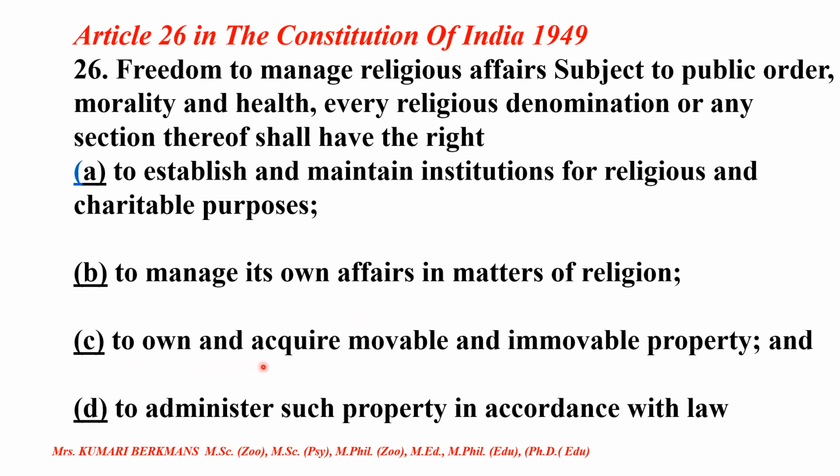C. To own and acquire movable and immovable property. And D. To administer such property in accordance with law. This is Article 26, the Constitution of India 1949. The main thing is freedom to manage religious affairs subject to public order, morality and health. Under this, these four rights are given.